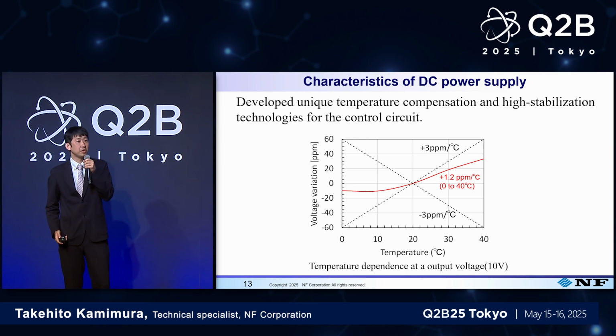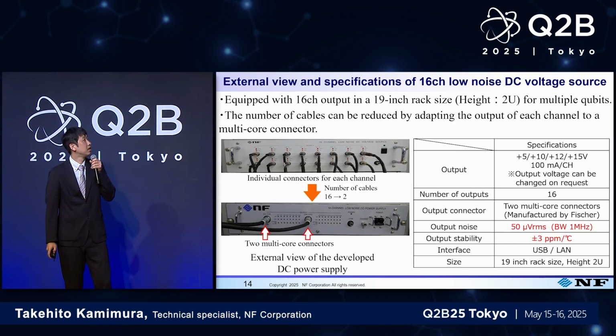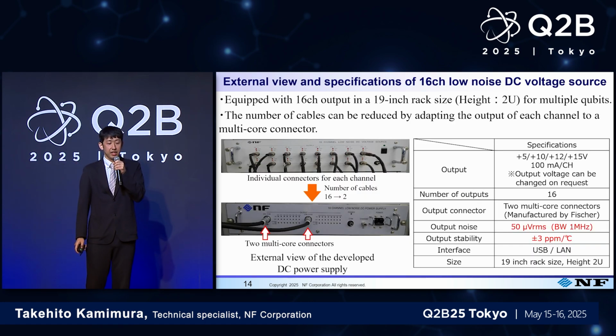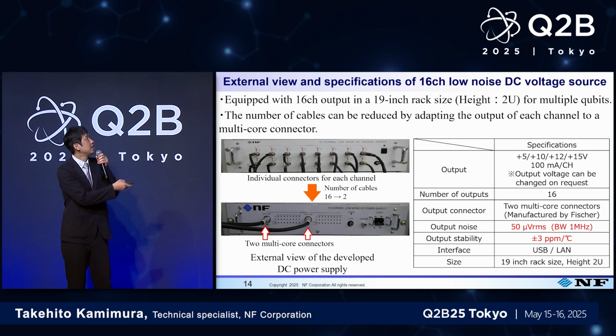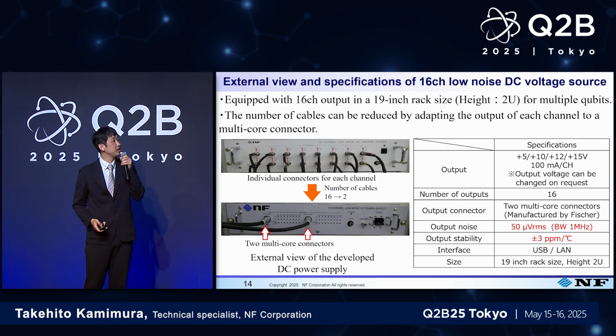The measurement results of the temperature dependence of the output voltage are shown here, with the ambient temperature on the horizontal axis and the amount of output voltage variation on the vertical axis. The developed technology realized an actual measurement value of 1.2 ppm per degree.